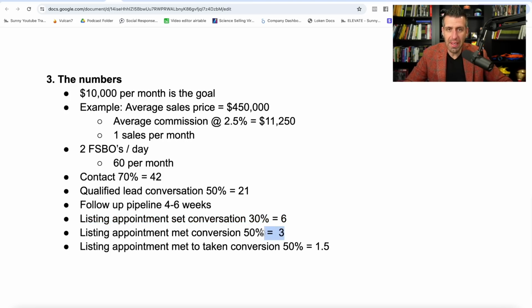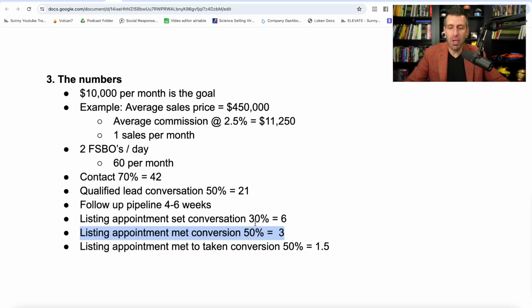Now, you're not going to meet with all of them, okay? Your listing appointment met conversion. So if you set 6, what we see on average is about 50% of those come to fruition. So you'll probably meet with 3. You'll sit down in person at their home or in your office with about 3.